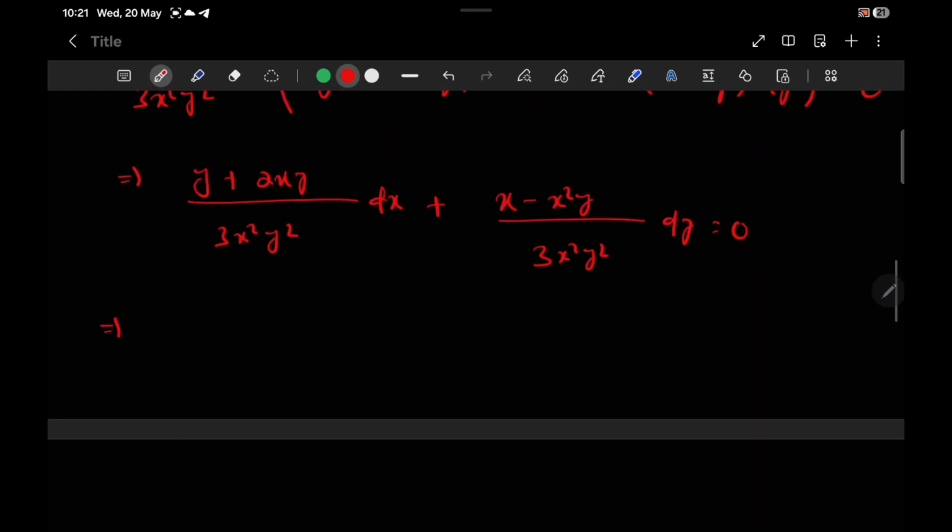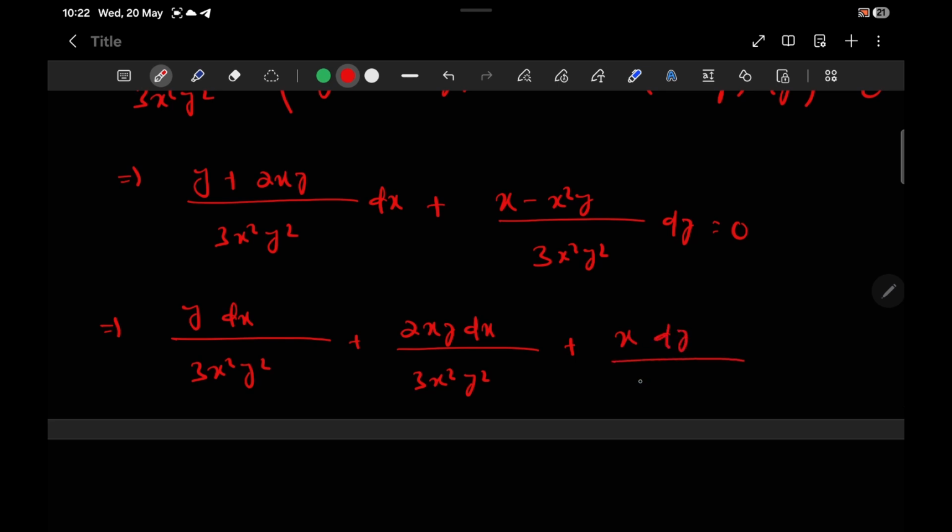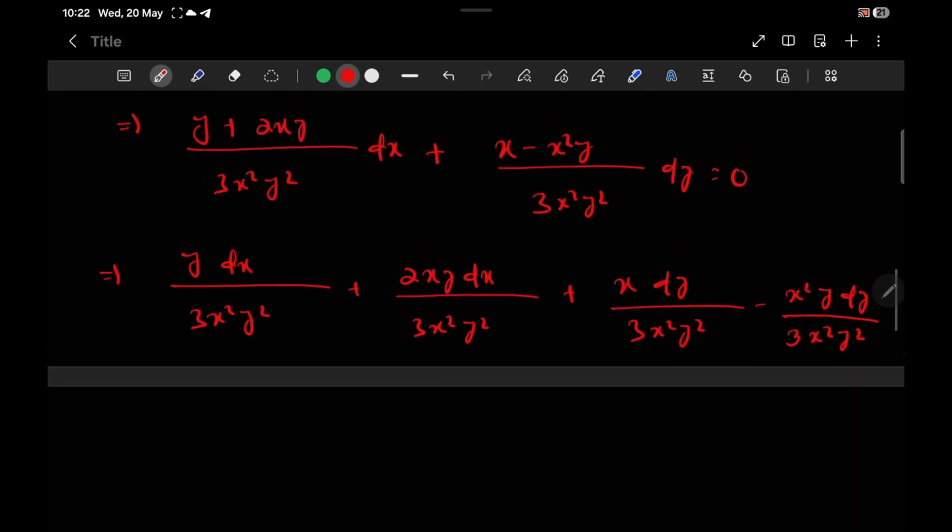That implies y dx/(3x²y²) + 2xy² dx/(3x²y²) + x dy/(3x²y²) - x²y dy/(3x²y²) = 0.